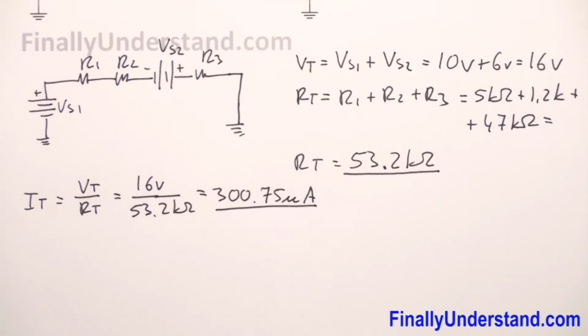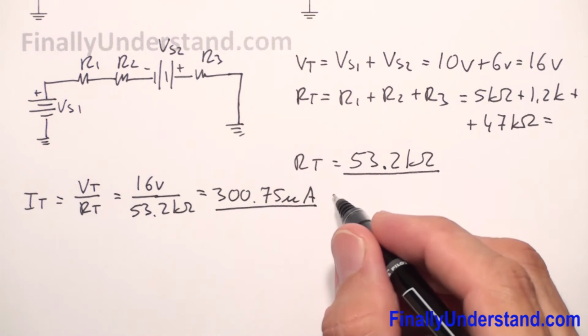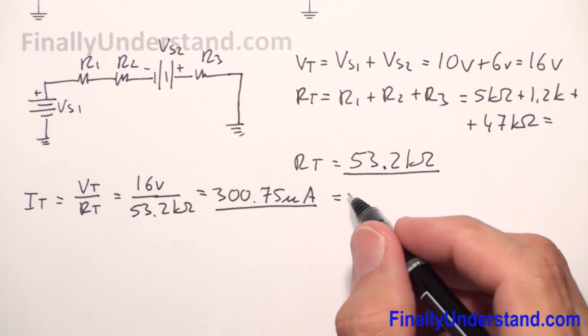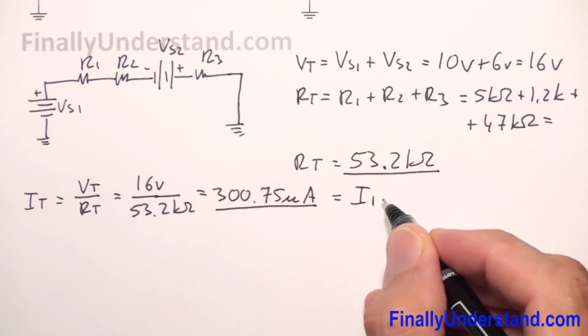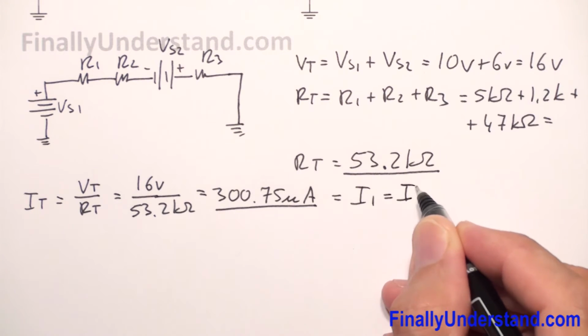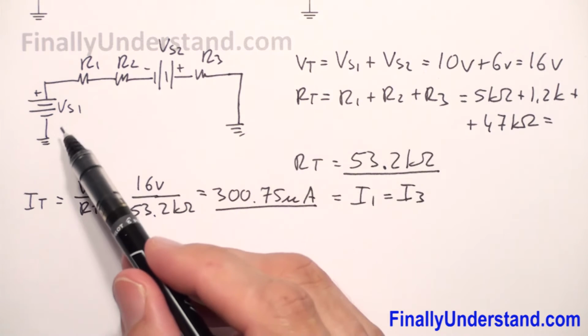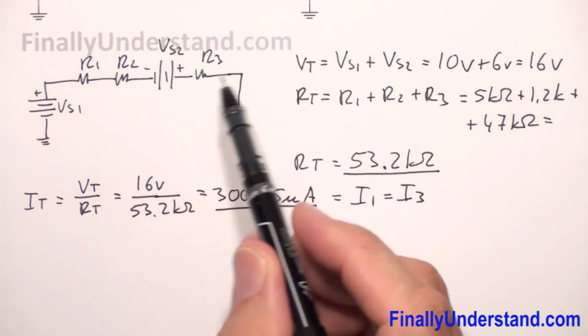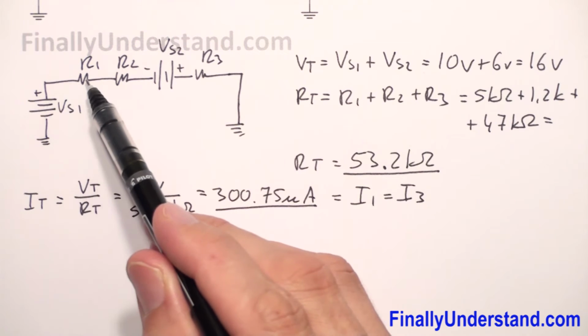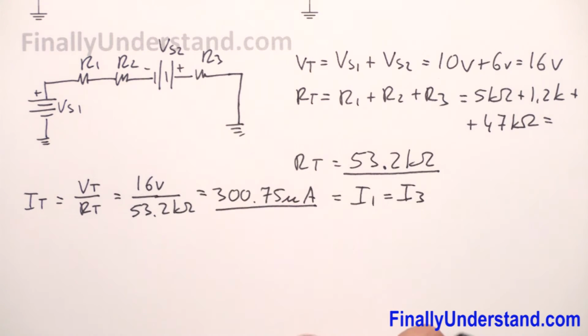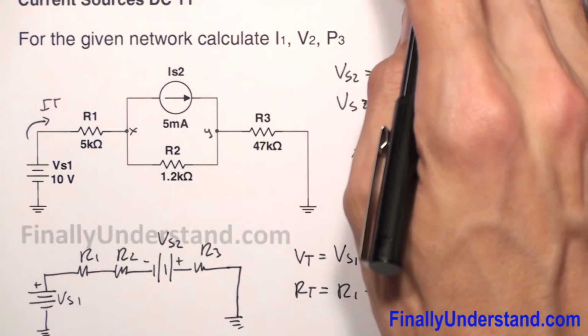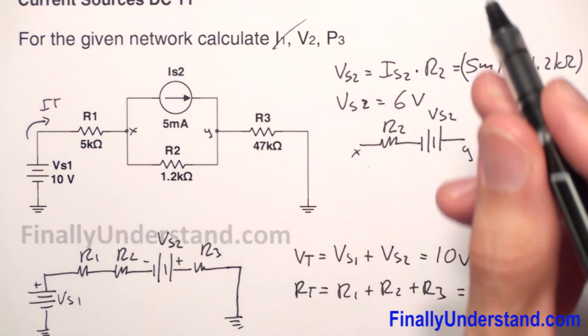So I'm going to write that my I total is also equal to I1, and this is also equal to I3. Because these resistors are in series, the same current is going to go through resistor R1 and resistor R3. So we found I1.